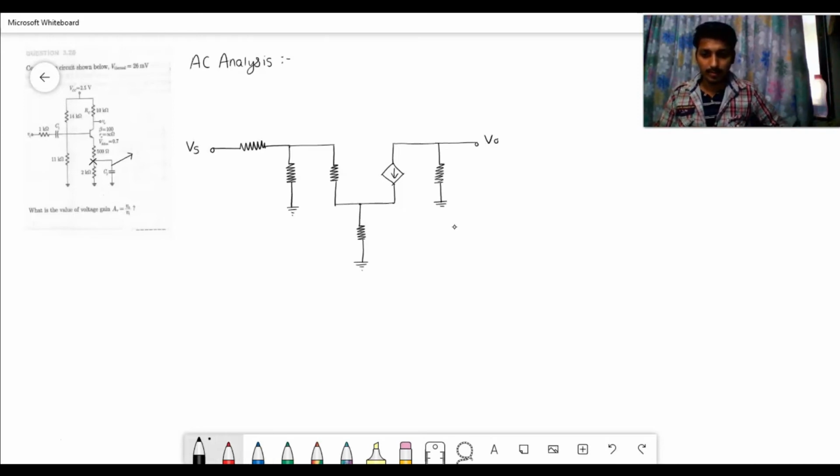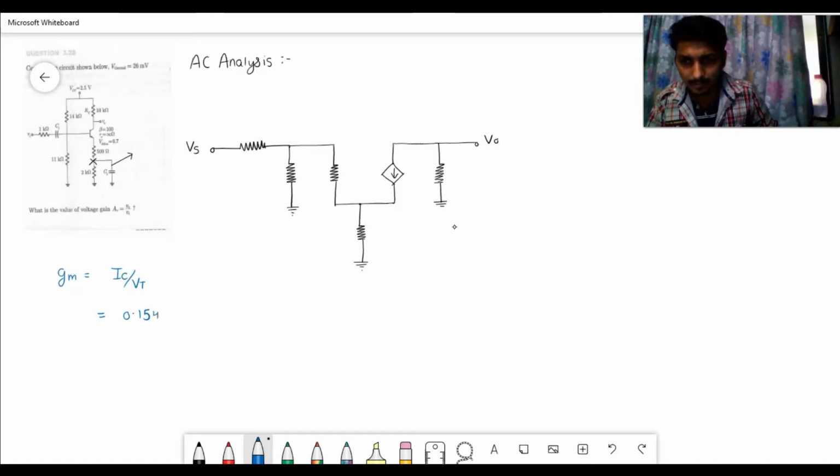Okay, sure. First I will find the transconductance and the R0. As you can see, R0 is infinity, so I am not taking it here. We'll find only gm, the transconductance, IC by VT. IC is nothing but 0.154 into 10 raised to minus 3.